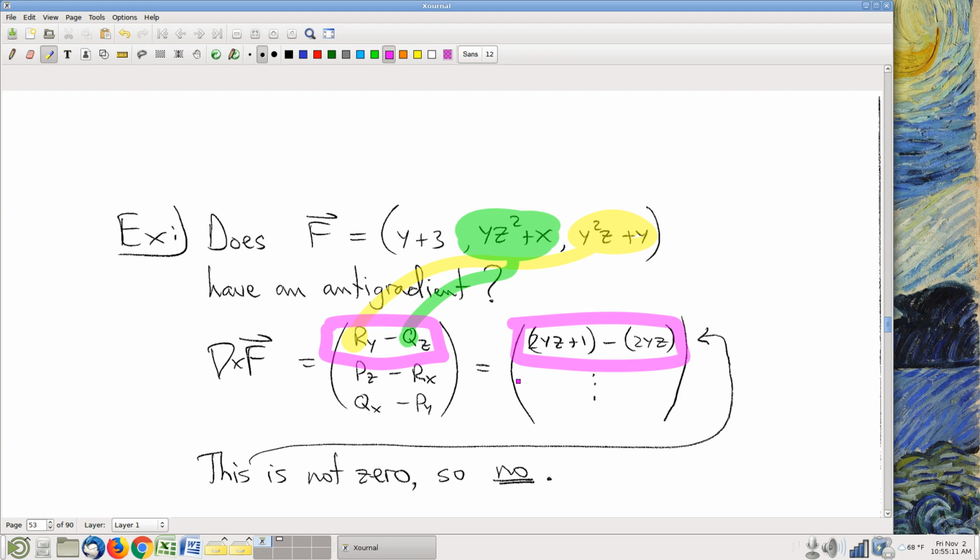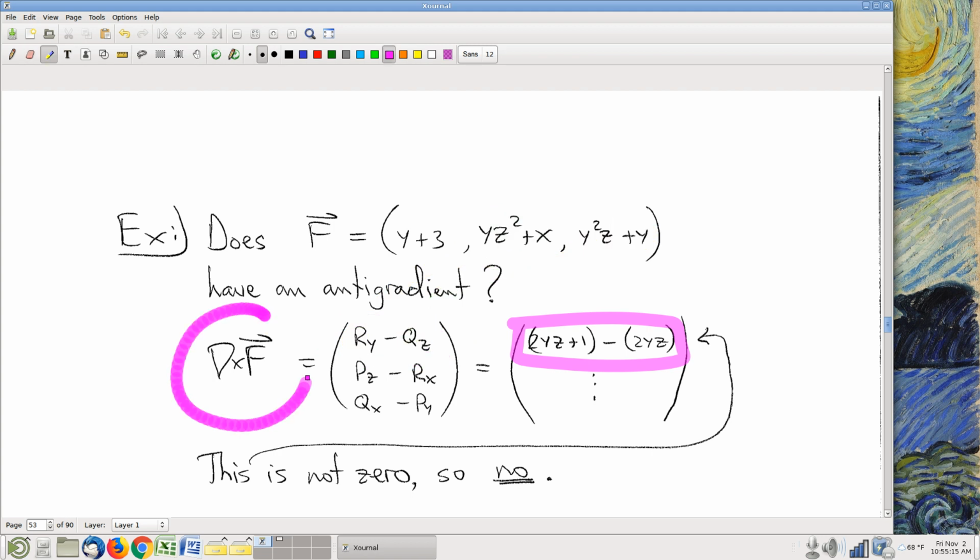My question is arbitrated by whether or not this curl is flat 0. I need all the coordinates to be 0. I need that to be 0 as a vector. And even though I've only computed one coordinate, I can already tell it's not 0 as a vector because the first coordinate's not 0.